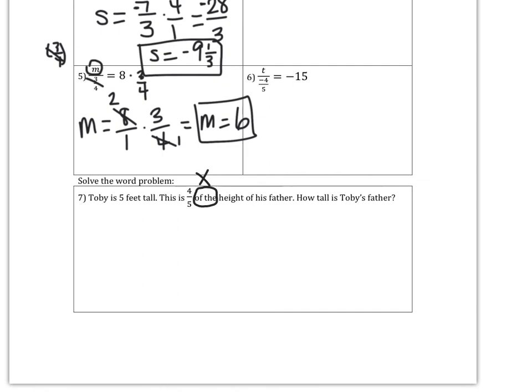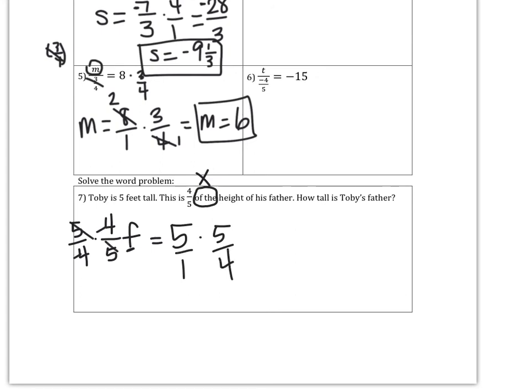Well, we know that 4/5 of his father is 5. So now we want to isolate our variable, which is our f, which means we want to multiply this fraction by its reciprocal, which means we do the same to the other side.